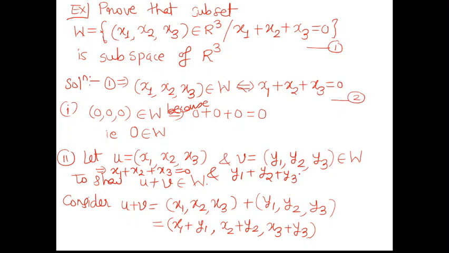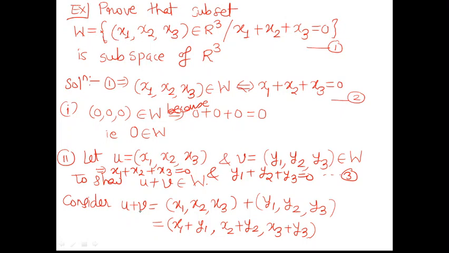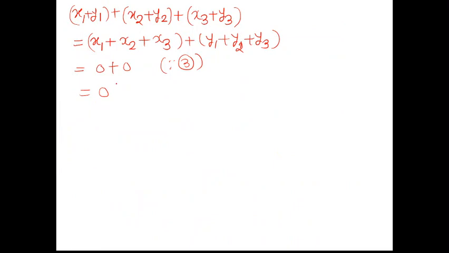We can call this equation 3. So the value of x1 plus x2 plus x3 is 0, and y1 plus y2 plus y3 is 0 because of equation 3. And we know that 0 plus 0 is 0. So the addition of all three elements of u plus v is 0. Therefore, as per the definition of W, the conclusion is that u plus v belongs to W. So the second condition is verified.